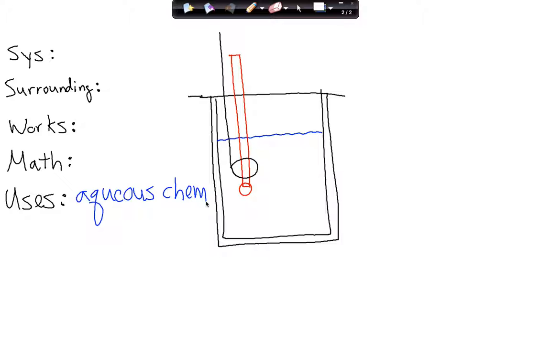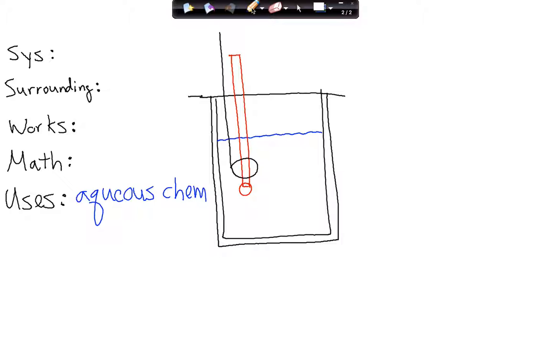So now guys, how do these things work? It's really based on this idea of aqueous chemistry. Maybe it would be better to define system and surroundings first, and then talk about how it works. So I'm going to give you system.